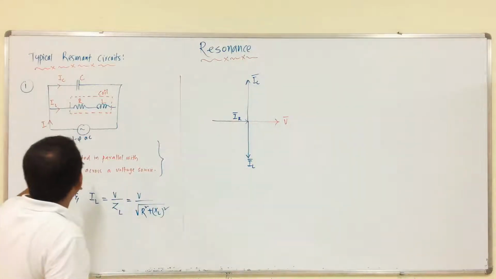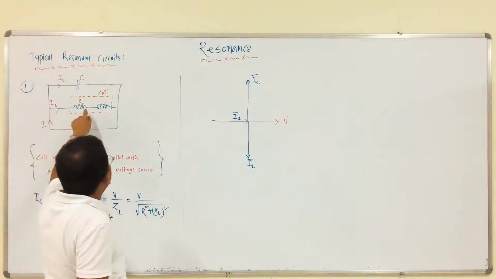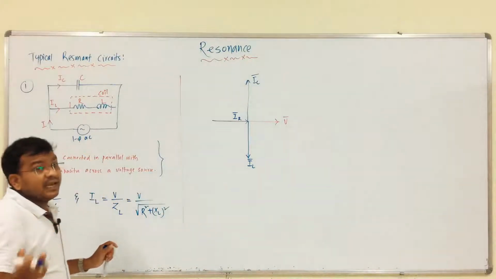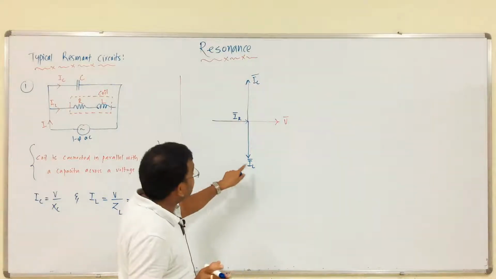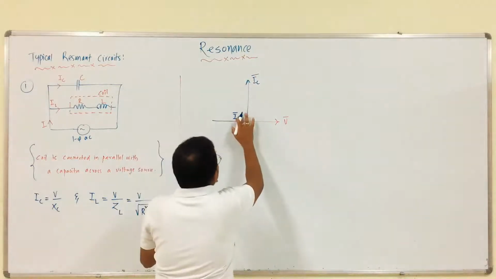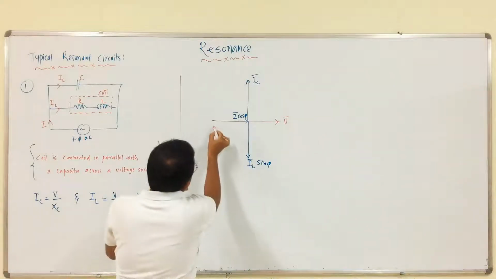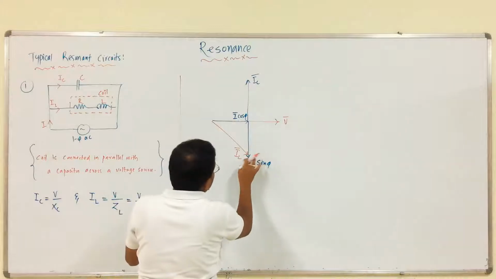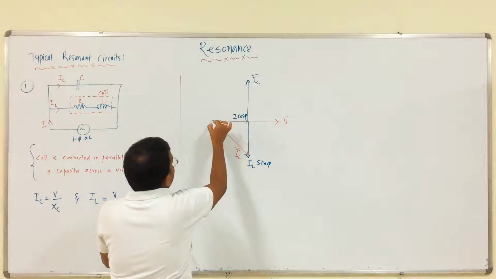But here the coil consists of a series combination of R and L, therefore the phase angle is not equal to 90 degrees, it is less than 90 degrees. So, the resultant of IL is the cos phi and sin phi components, and between these two the resultant is IL. This is IL, right. This is the phase angle.